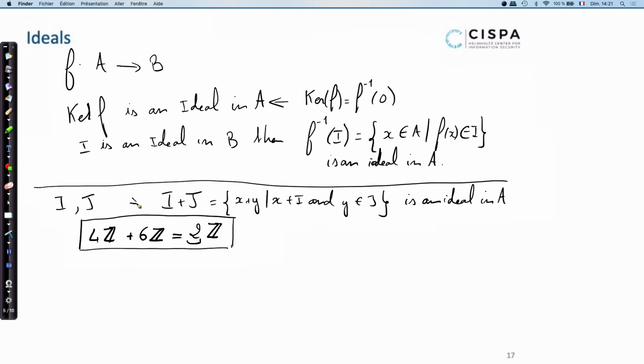The second thing we can do, given two ideals, is we can consider their intersection. Okay, and the intersection, so the set of elements which belong to both ideals, is also going to be an ideal.